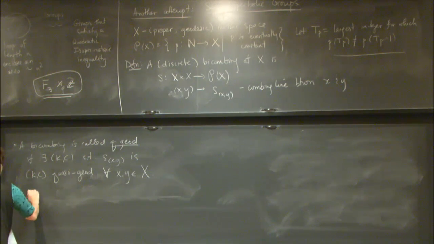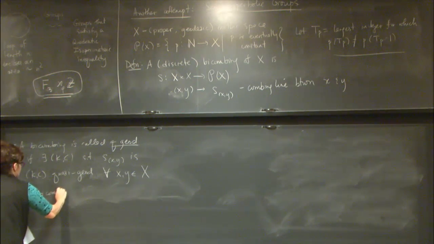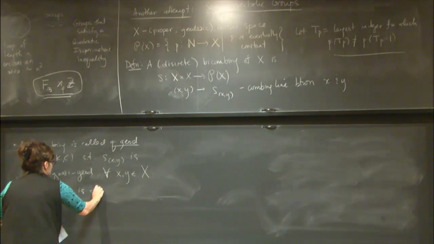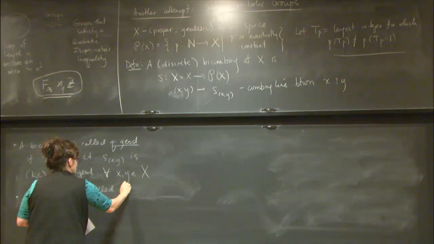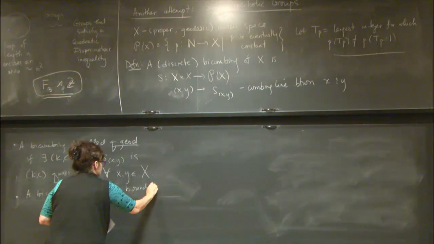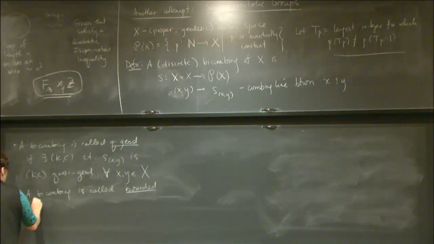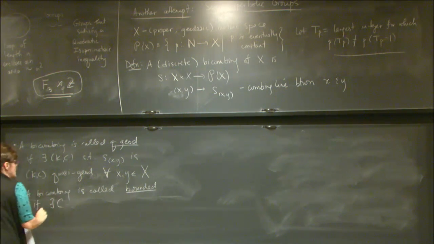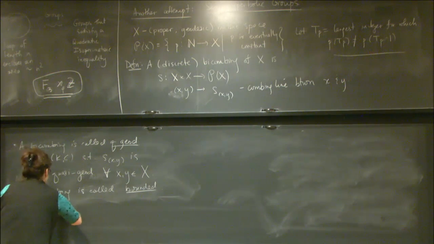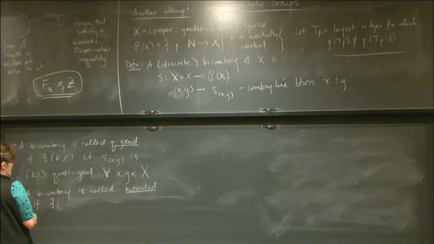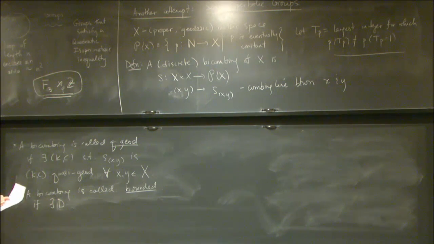And so a bicombing is called bounded if there exists some other constant c. Oh, I can't use c. I better use d. Oh no, you can't be using capital C twice.